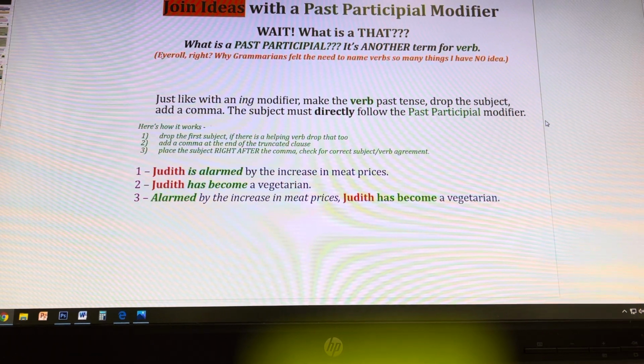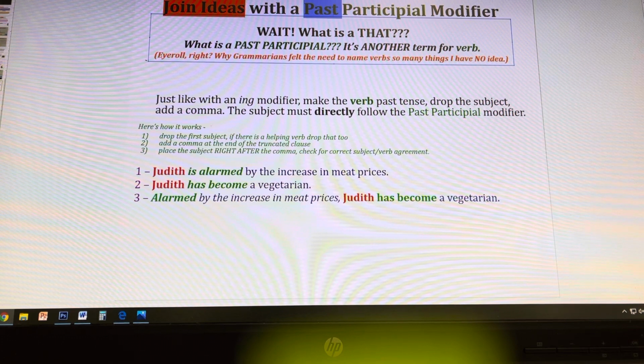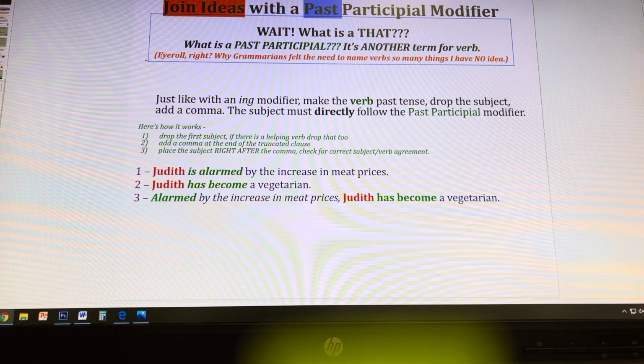Now the next thing that we're going to do is join ideas with a past participle modifier. Okay, remember, participle means verb. Why they have two words for it, I don't know. Past would indicate past tense. So instead of that ing, this time we're going to make a past tense.